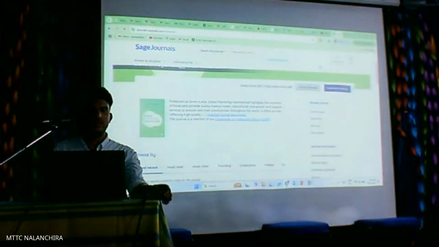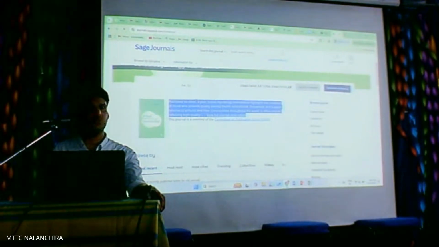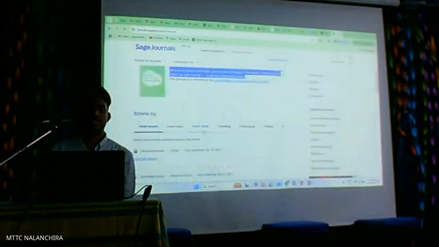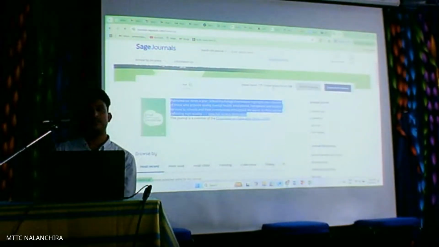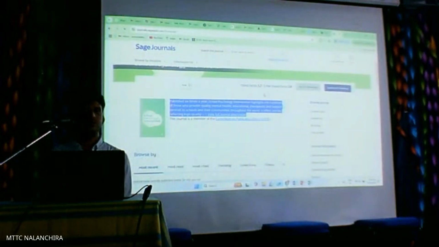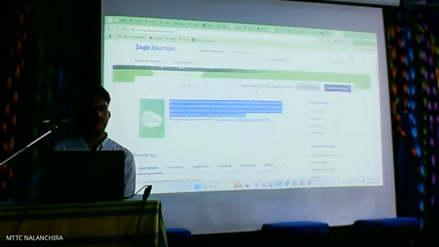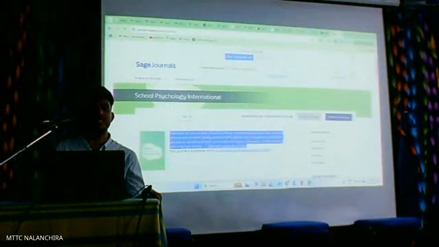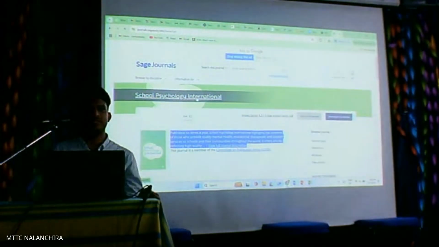See, they are publishing six times a year. So it is a very good journal, and you can see their scores here. 1.7 is their impact factor. Education journals generally have an impact factor of less than 2, so 1.7 is a good impact factor. So first, when you look into any journal, School Psychology International is its name.